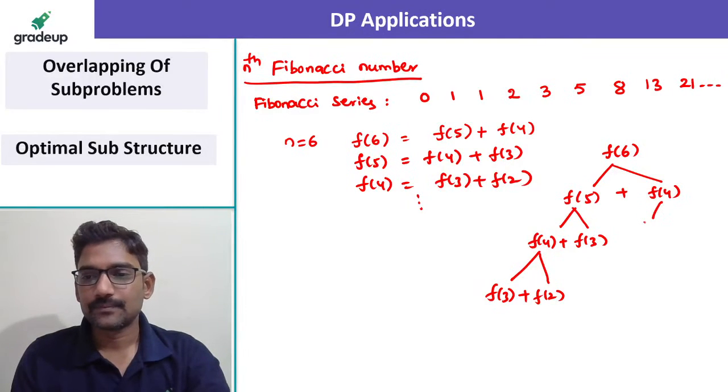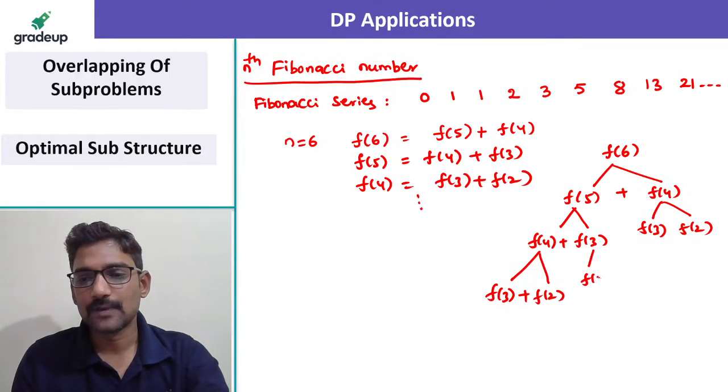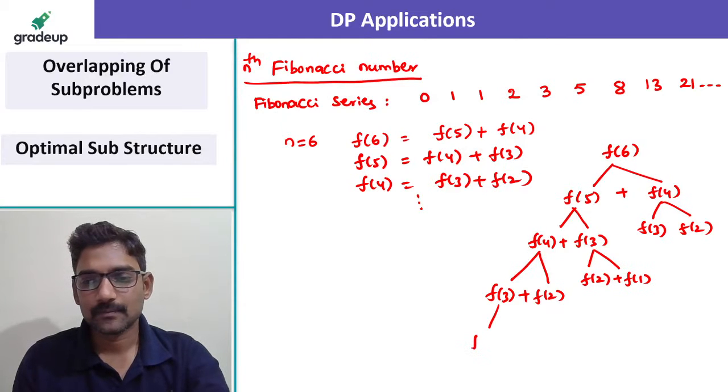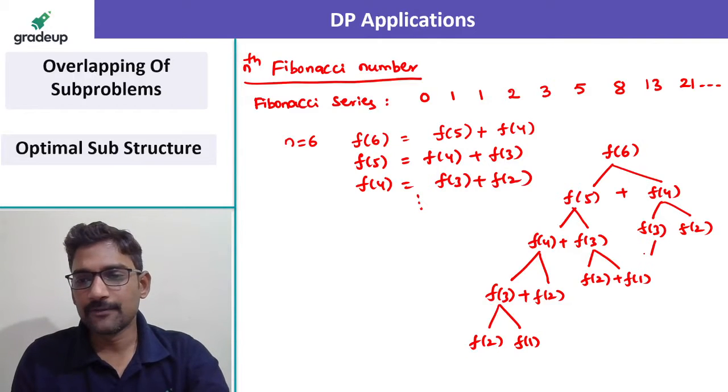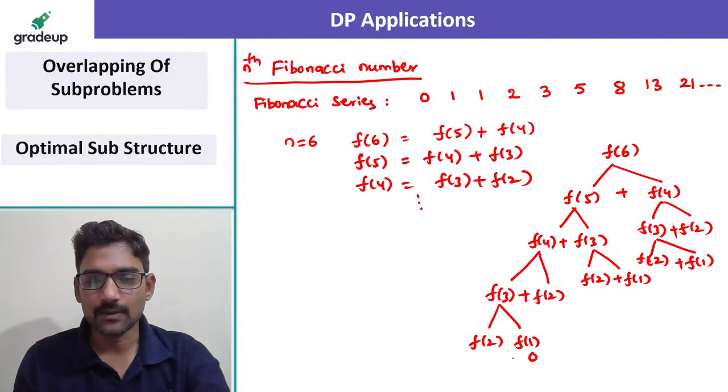The third is again the summation of the second and first. We know the second and first Fibonacci numbers: they are 0 and 1.